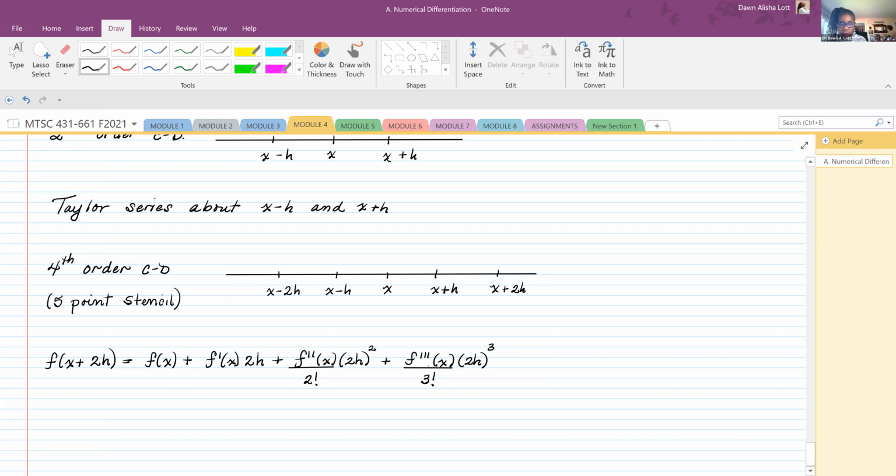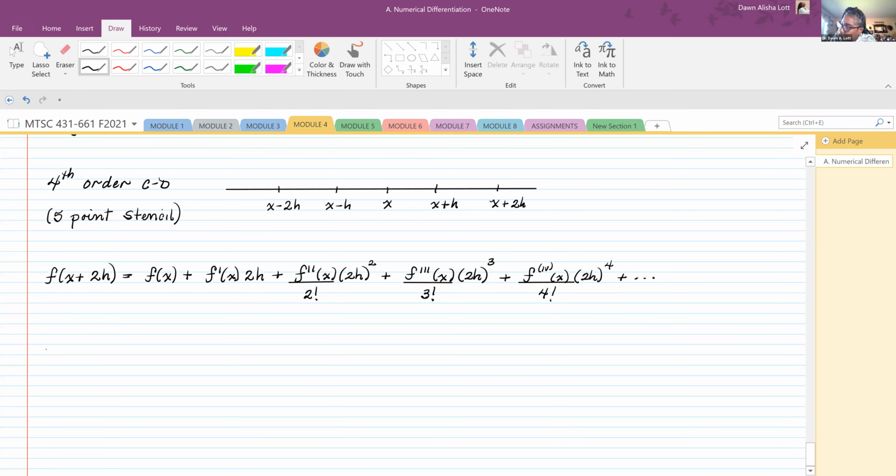How far do I need to go out? I can go one more. Plus the fourth derivative of x times 2h to the fourth over 4 factorial plus dot, dot, dot.